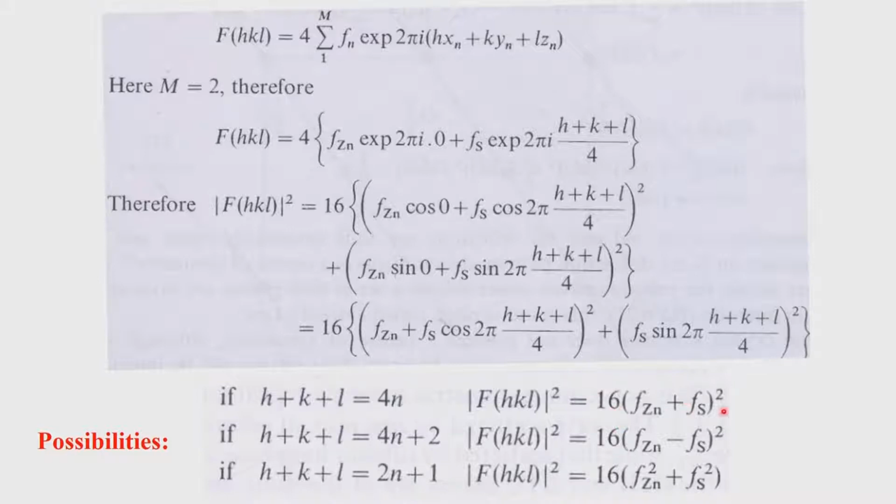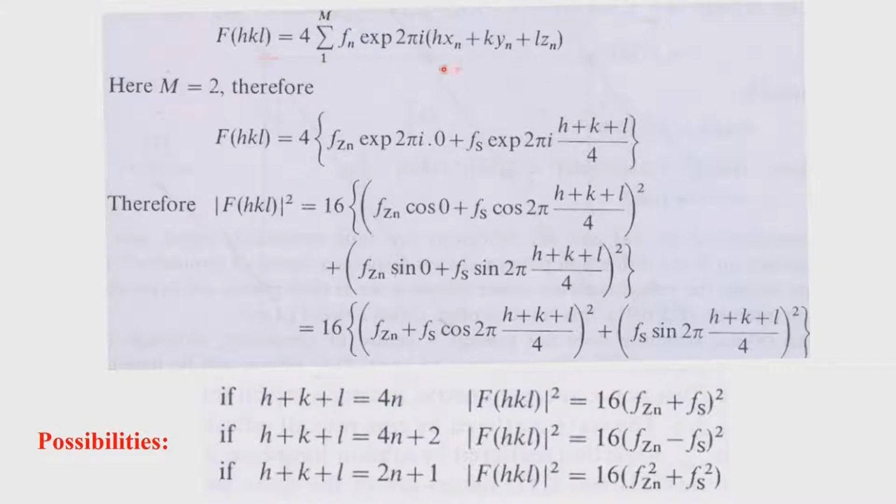This is something we will write down now as the value. So, it is either 16 f Zn f S squared whenever h plus k plus L is 4n, and if h plus k plus L is 4n plus 2, then you will have this value, and if h plus k plus L is 2n plus 1, you will have this value. So, these now are very special to zinc and sulfur. The general systematic absences come from this expression.